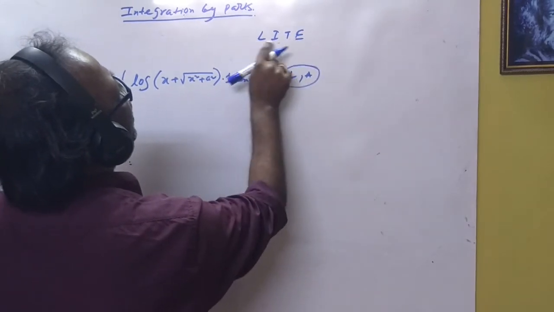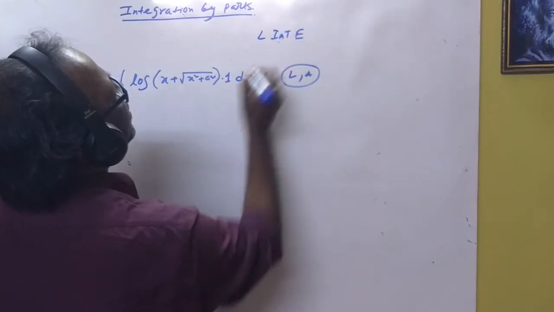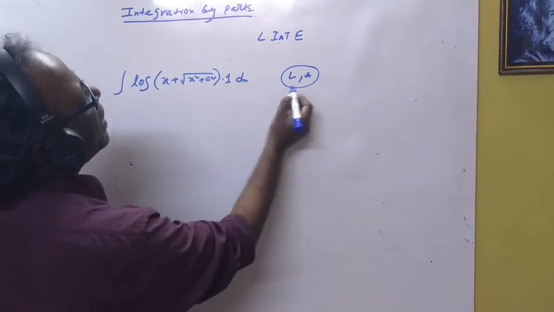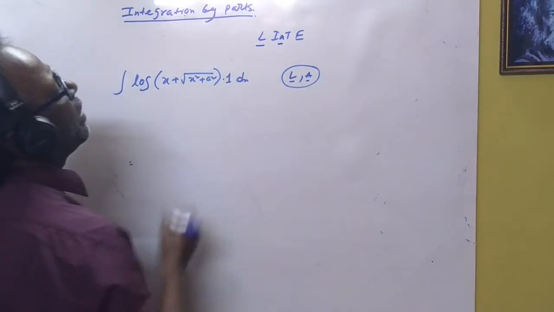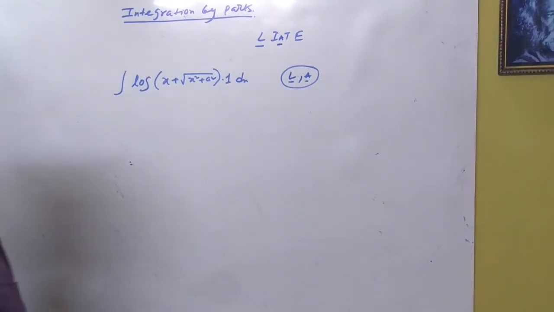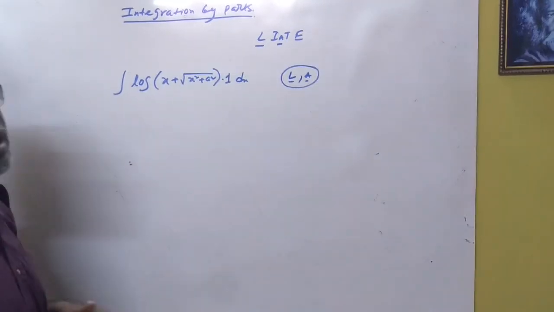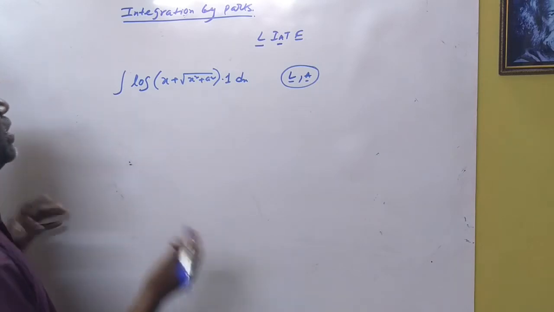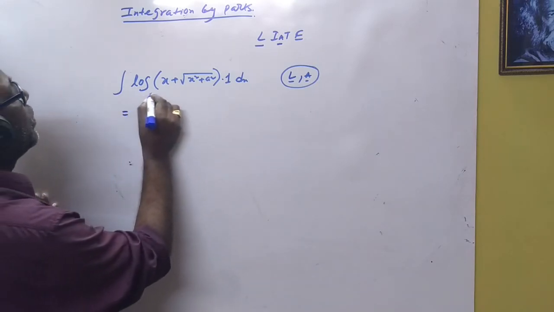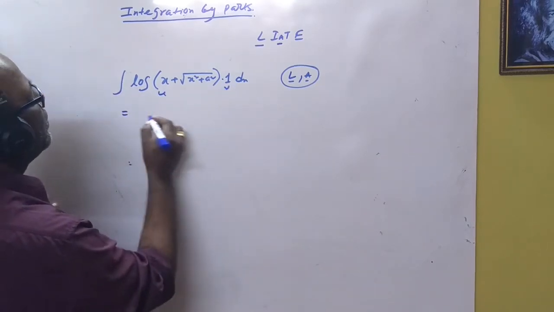L-I-A-T-E. L-I-A, sorry, I am missing here. L-I-A-T-E. So L comes first. That's why we take the logarithm function as the first function, and then we apply u into v. So this is u and this is v.